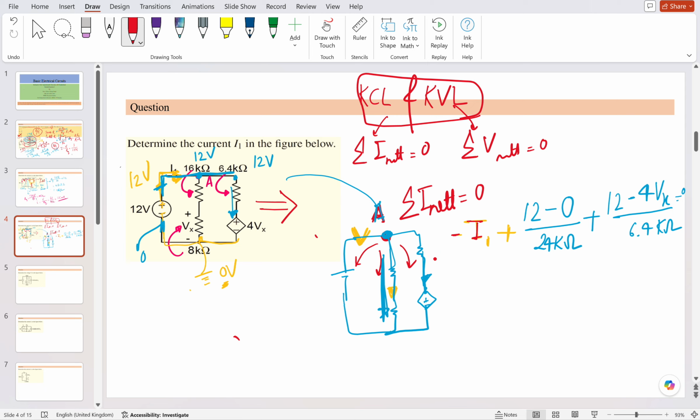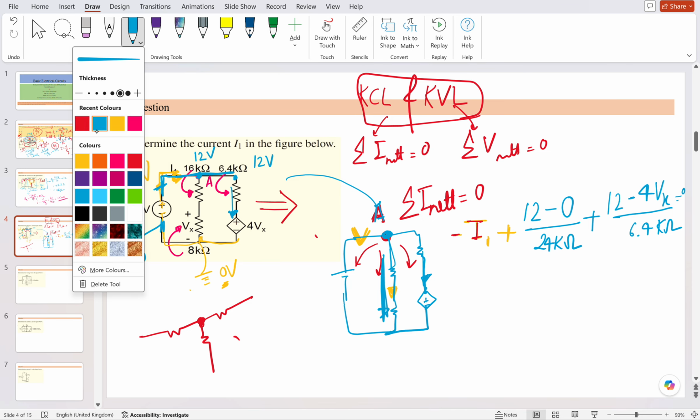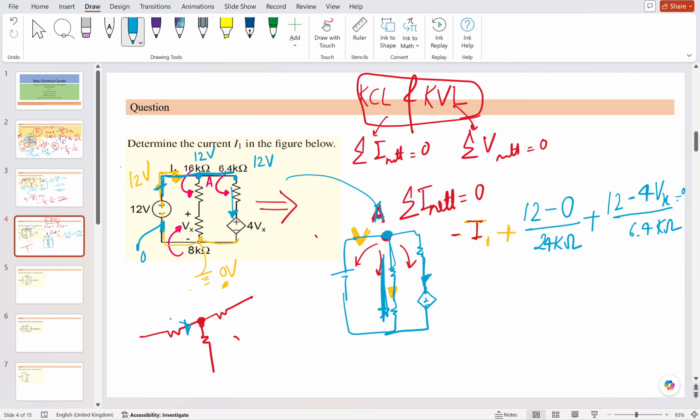No, no, no. Actually, what I usually consider, suppose I take this branch and I am applying KCL here. I always consider the current as outgoing from that node. If a certain current is incoming, I consider it as negative.